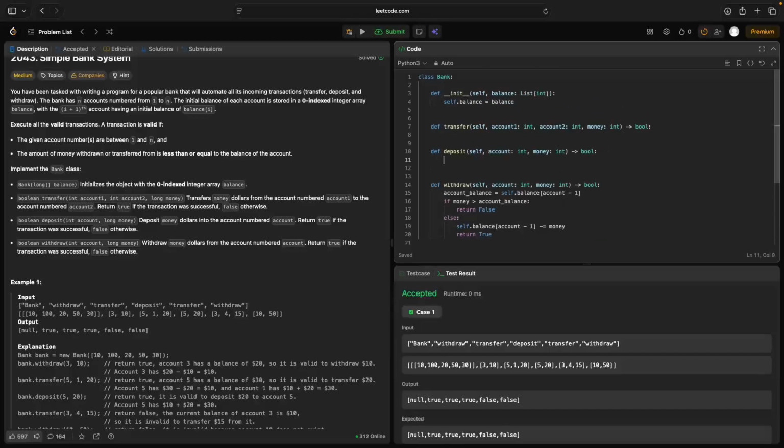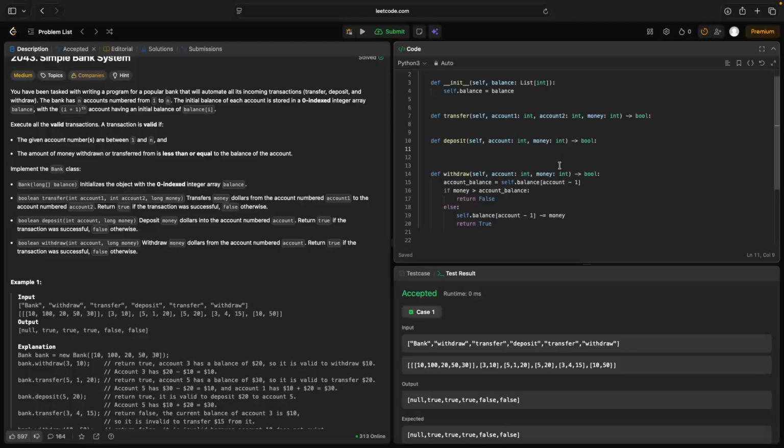Now to deposit the money, there isn't any condition because you can deposit any amount of money in any account, but we do have to make sure that the account number itself is between 1 and n, which is also something we missed here.